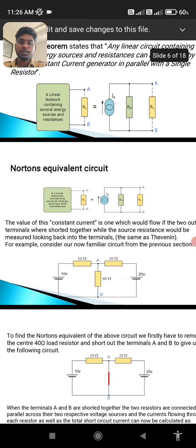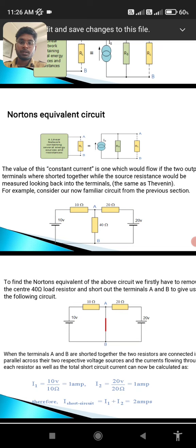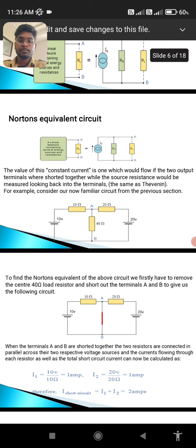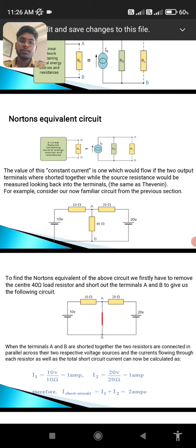Norton's equivalent circuit. The value of this constant current is one which would flow if the two output terminals were shorted together, while the source resistance would be measured looking back into the terminals, the same as Thevenin.